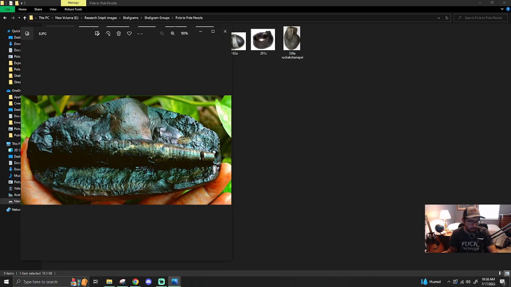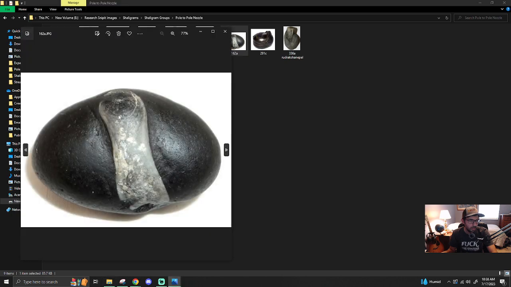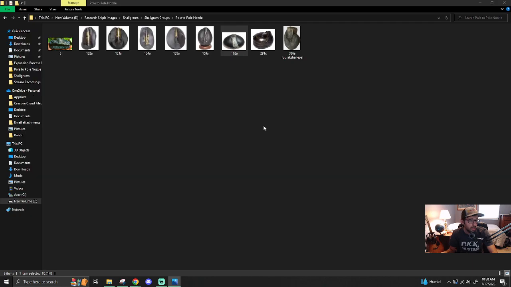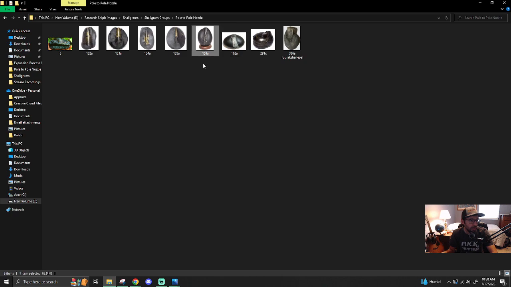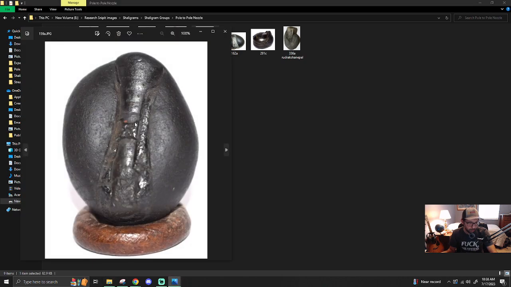Probably because it has that imbalance. This does it too, where it's imbalanced, like the shale didn't maintain a connection. This one's imbalanced. The shale didn't maintain a connection.